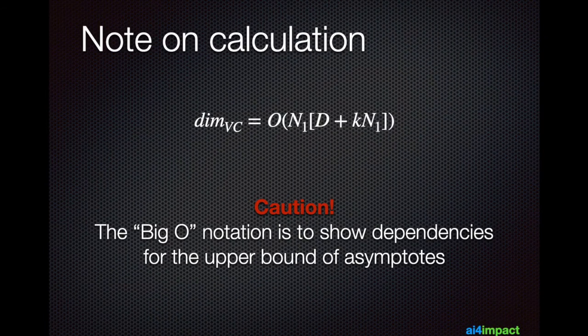The big O notation does not mean that the VC dimension is equal to the figures in the brackets. It's simply telling us that the VC dimension doesn't exceed this asymptote, or more precisely, that the VC dimension is less than some constant times the figures in the brackets.